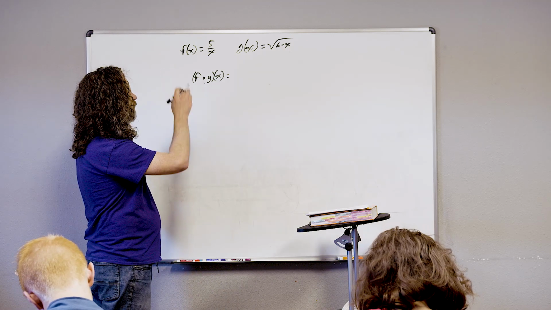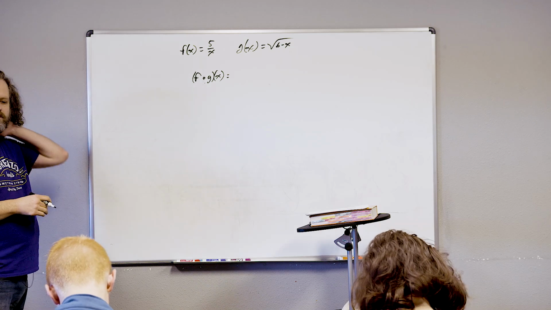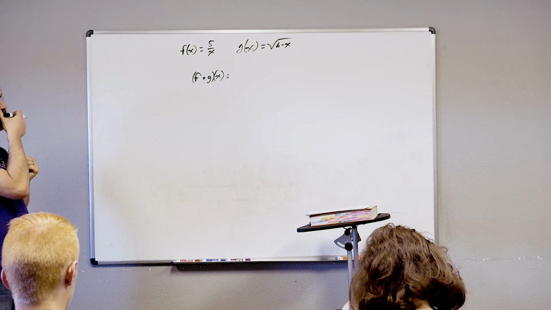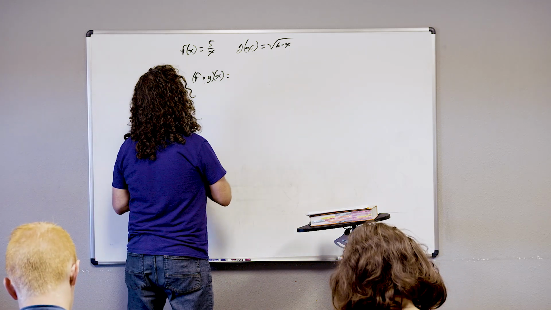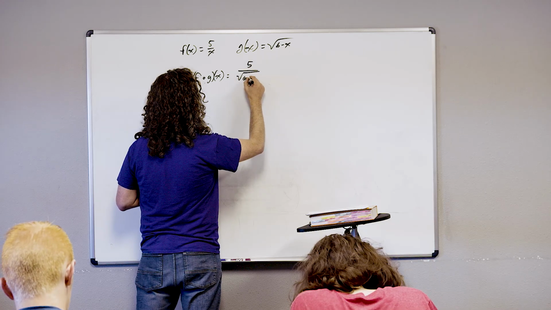So what do we do first to find f of g of x? Put the g of x in for x in the f of x equation. So it would be 5 over the square root of 6 minus x.